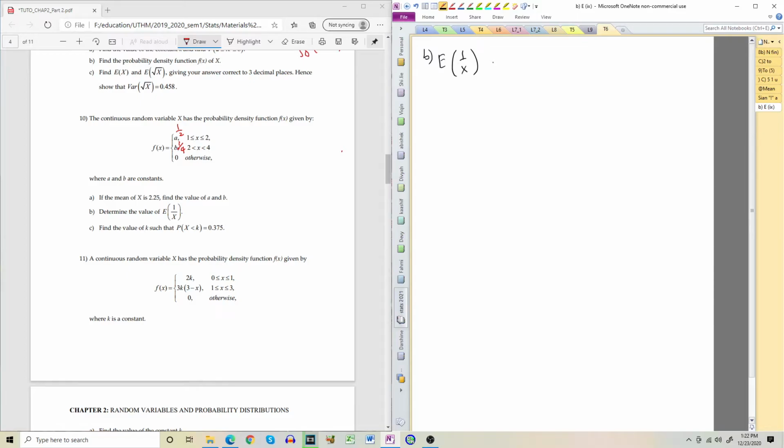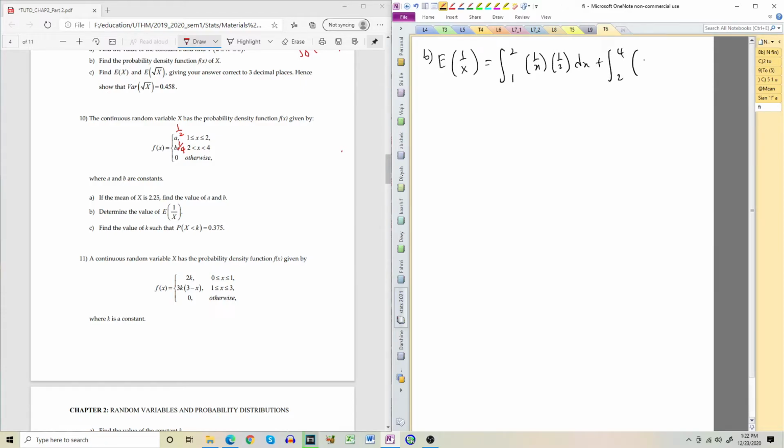This one I think you can do. Okay, so 1/x, then you multiply each function by 1/x. Integral 1 to 2 of 1/x, supposed to be a, but our a is 1/2.